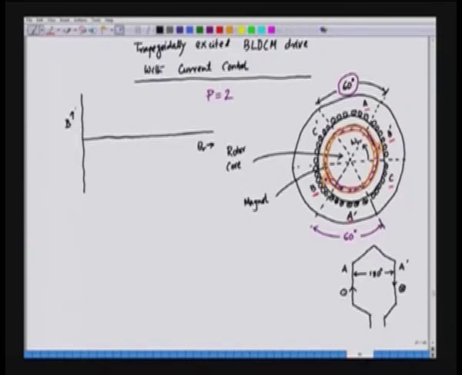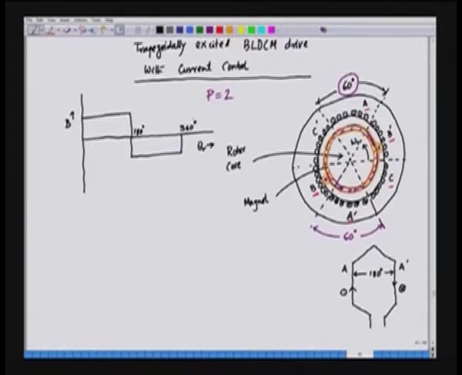We will see that the flux density here is nearly constant. This is for the north pole, and for the south pole something like this. So, this is 180 degrees and this one is 360 degrees.